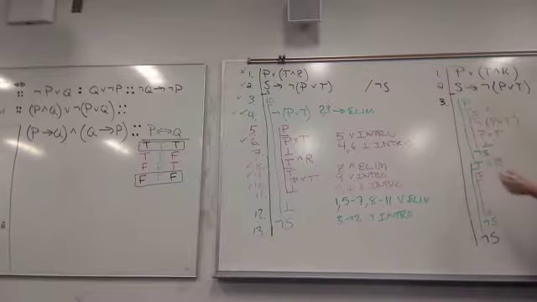So now you've got a couple of options here, right? You can go ahead and eliminate the conditional if you want. You can go ahead and get your T and then get your P or T, or you could get your P or T first.